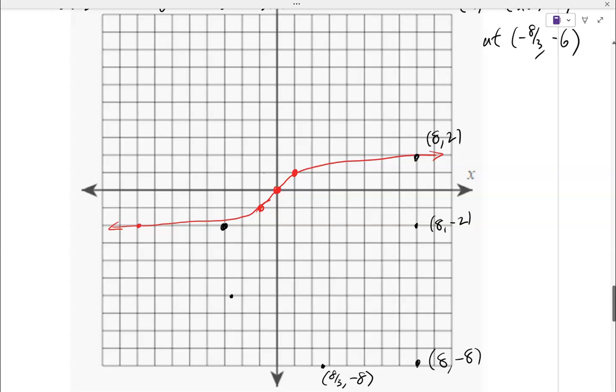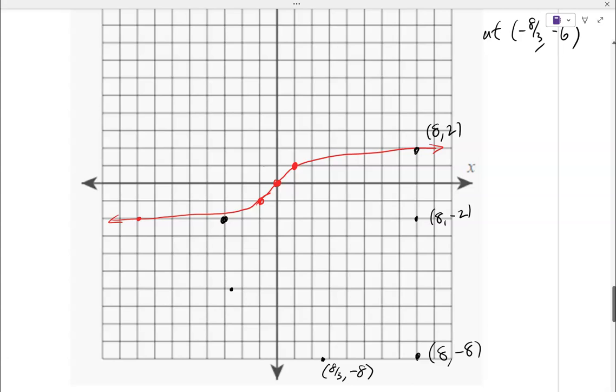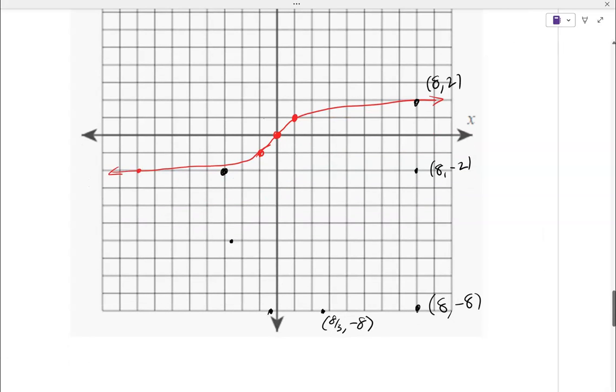And then what do we do? Shift it left by 3. 1, 2, 3. Which makes it at -1/3, -8. And then finally, which way does it go? Down 2.